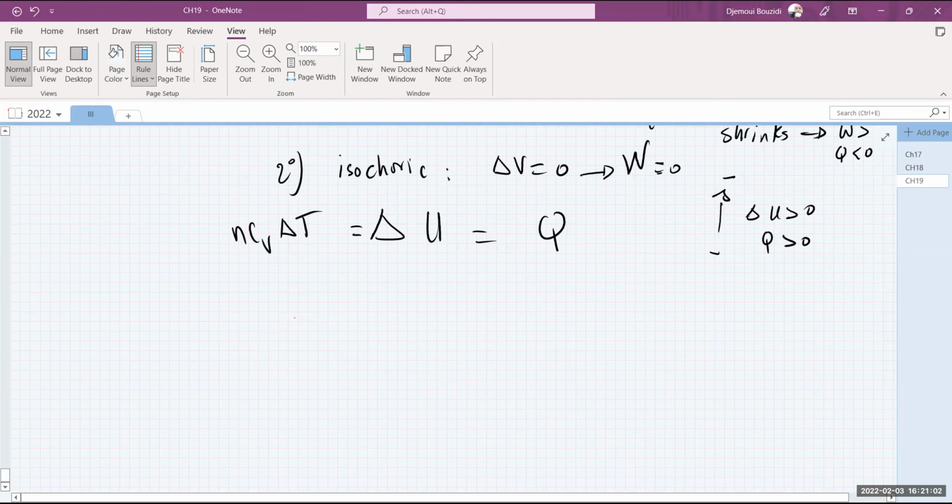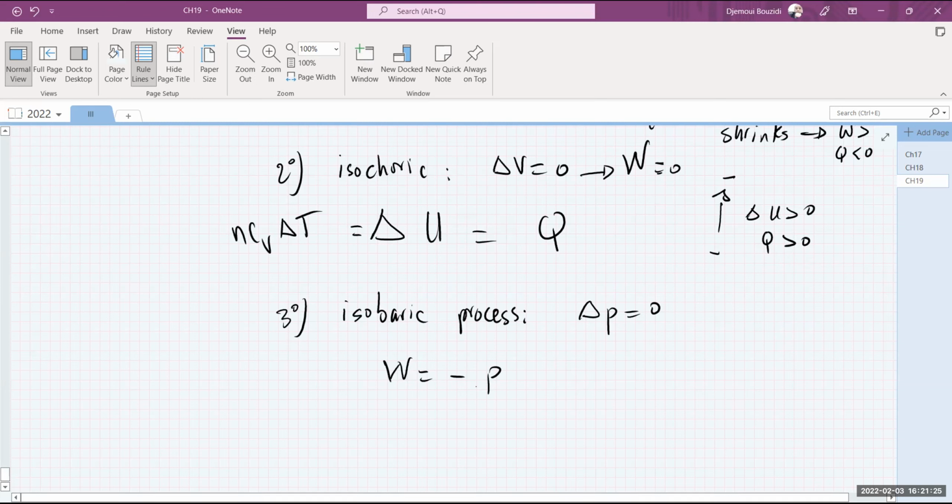The third process that we identified was an isobaric process. And this one, delta P is equal to 0. I can't say much about it other than the fact that the pressure is the same. Well, the work turned out to be easy in this case. It's minus P. Which P you're talking about? It doesn't matter.